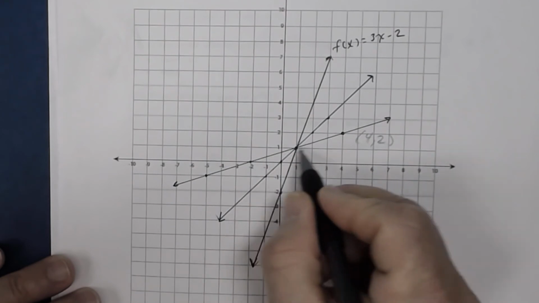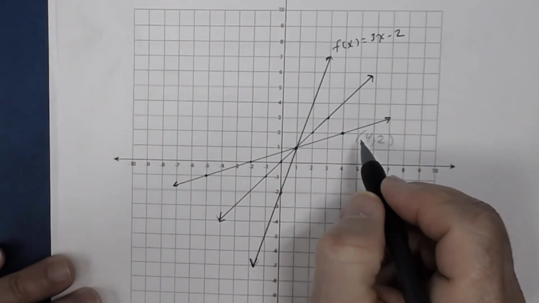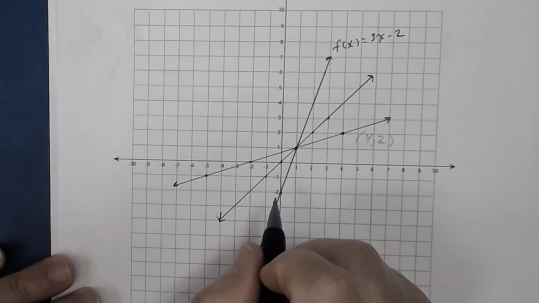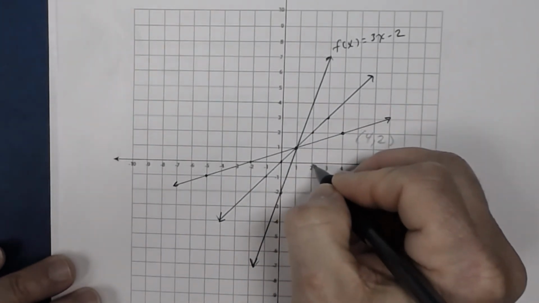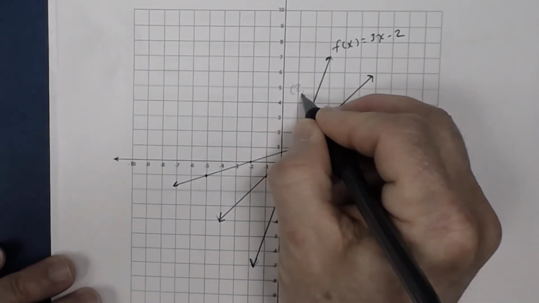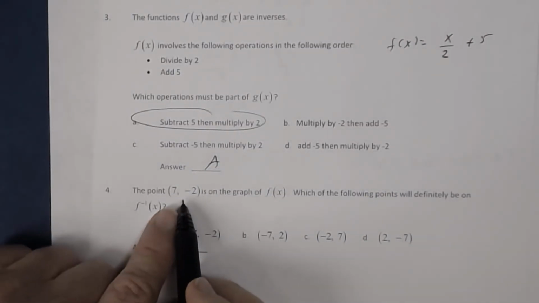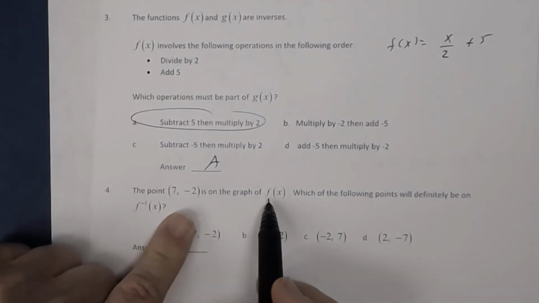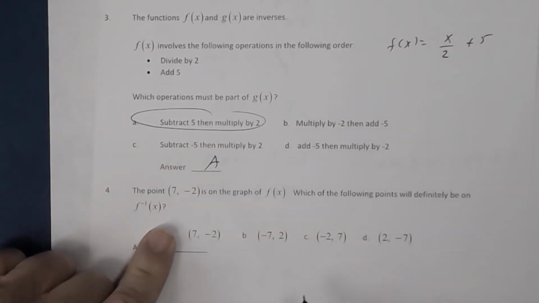and these two are inverses, then what point had better be on its inverse? 2, 4, right? And look, 2, 4, right here. So what this is saying is that if the point 7, negative 2 is on the graph of f of x, then which of the following points will definitely be on the inverse?